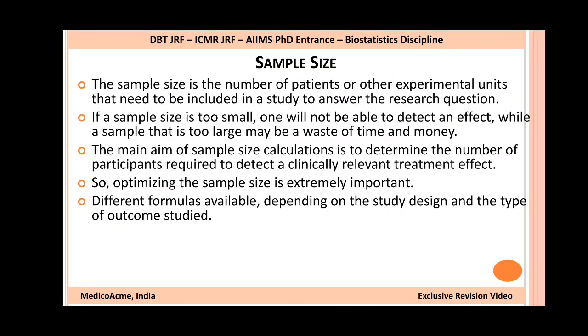And if it is very large, then it will be a wastage of time and money. The main aim of the sample size calculation is to determine the number of participants required to detect a clinically relevant treatment effect.